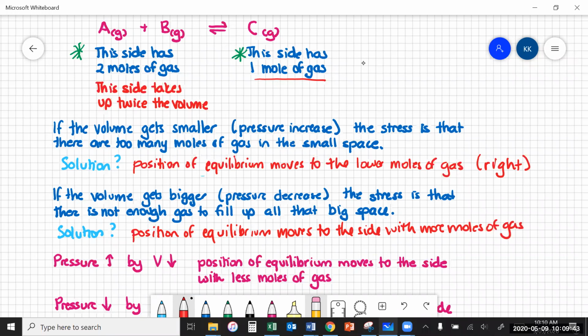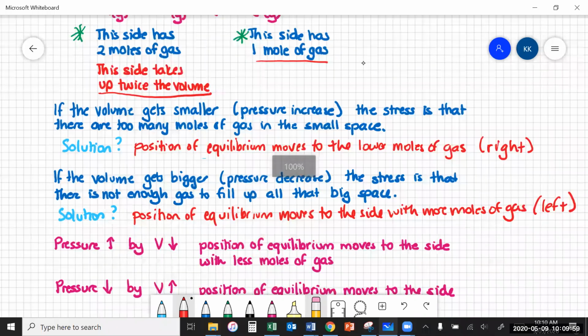And in this case, in our A and B in equilibrium with C example, the side with the more moles of gas is our A and B. So in the example we're looking at, that's going to be to the left.